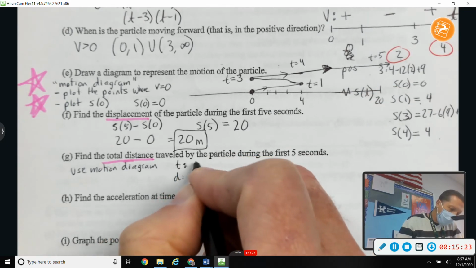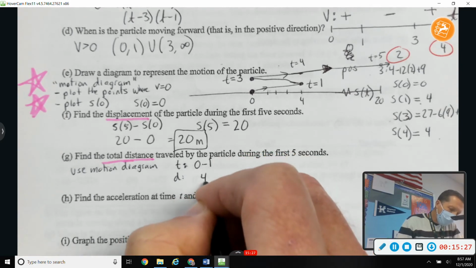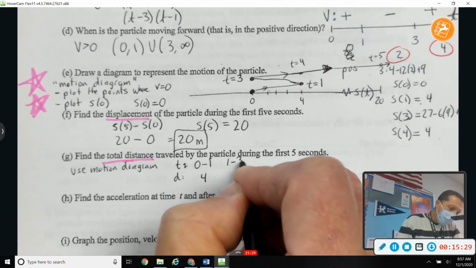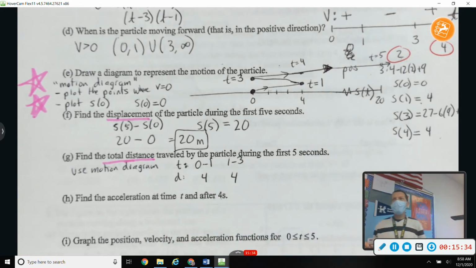So you don't have to write it out this way, but from 0 to 1, we went 4 meters. From 1 to 3, we traveled 4 meters. Forward and backward doesn't matter, right? Total distance, right? You think about running on the track, it doesn't matter which way you run. If you're running 400 meters, it's not 400 positive or negative. You've run 400 meters.